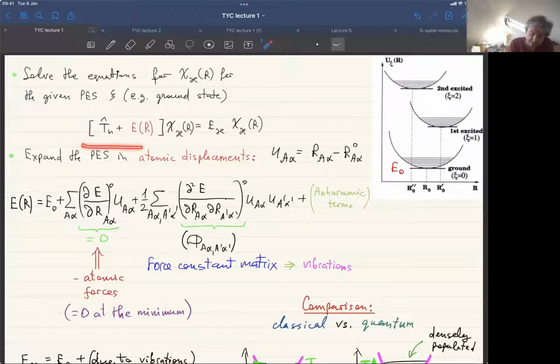So in order to solve this equation, what we can do is expand this potential energy term in terms of atomic displacements. So if in the minimum atoms are at positions R0, here capital A means atom, and alpha means XYZ, the Cartesian component of the atomic position. So these atomic positions are at equilibrium, and this is a general position somewhere here, and the difference between these would give us a displacement.